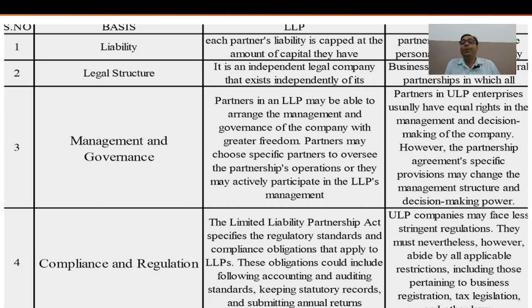Now in a ULP, partners usually have equal rights in the management and decision making of the company. The provisions may change the management structure and decision making power.